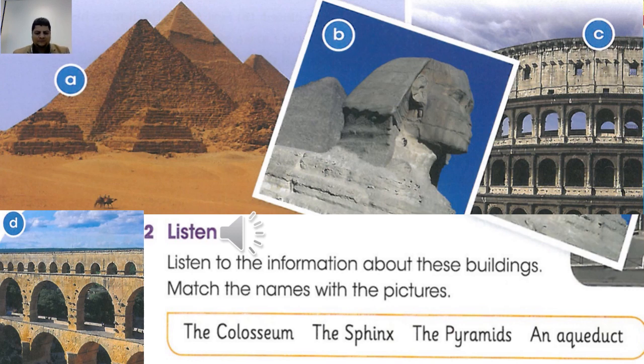It says here that the pyramids were the stone tombs of Egypt's kings, the pharaohs. 2. Look, here it is. It says it's a huge stone sculpture of a creature with the body of a lion and the head of a human. It is believed that the Great Sphinx of Giza guarded the tomb of the king from tomb raiders.